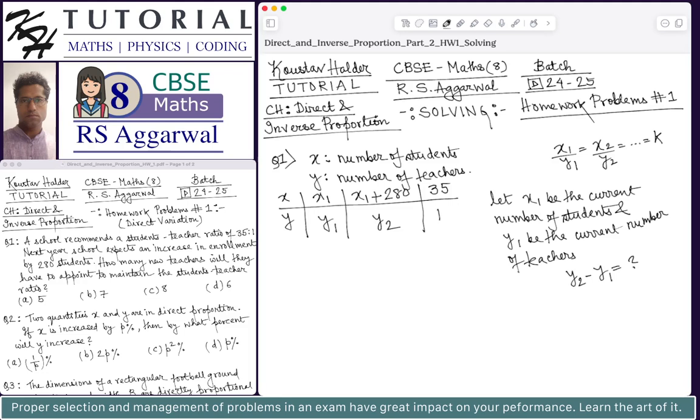This data I can also add in the table. So now, using this formula, I can get from the table 35 by 1 is equal to x1 by y1.